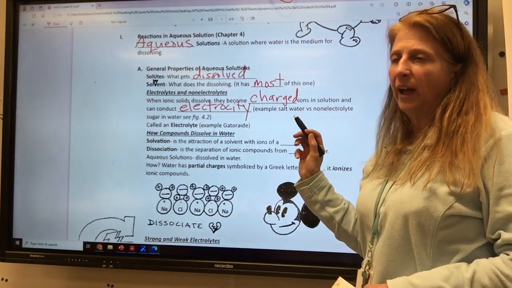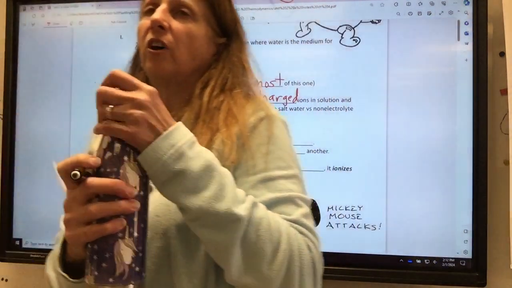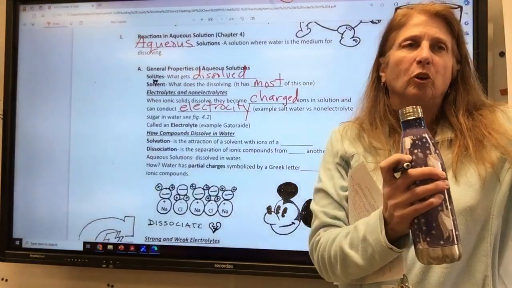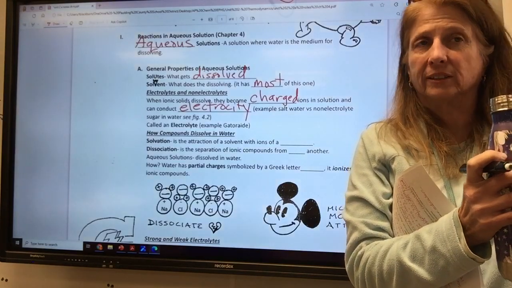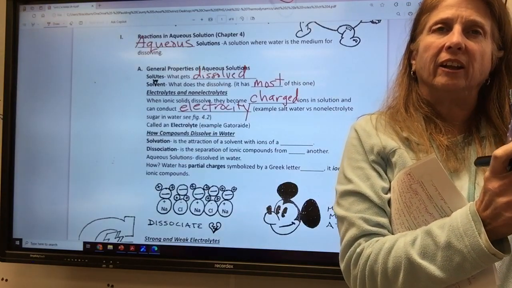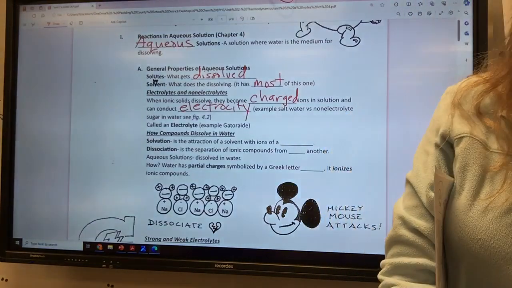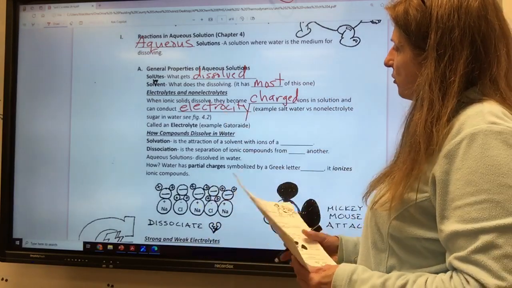Okay, everybody who had me for honors did a lab where we compared salt water and sugar water. And if you remember, we used a little probe and we stuck it in there and it lit up in the salt water because it's an electrolyte, and it did not in the sugar water. Do you remember that? Okay, so salt water is our electrolyte and sugar is a non-electrolyte.